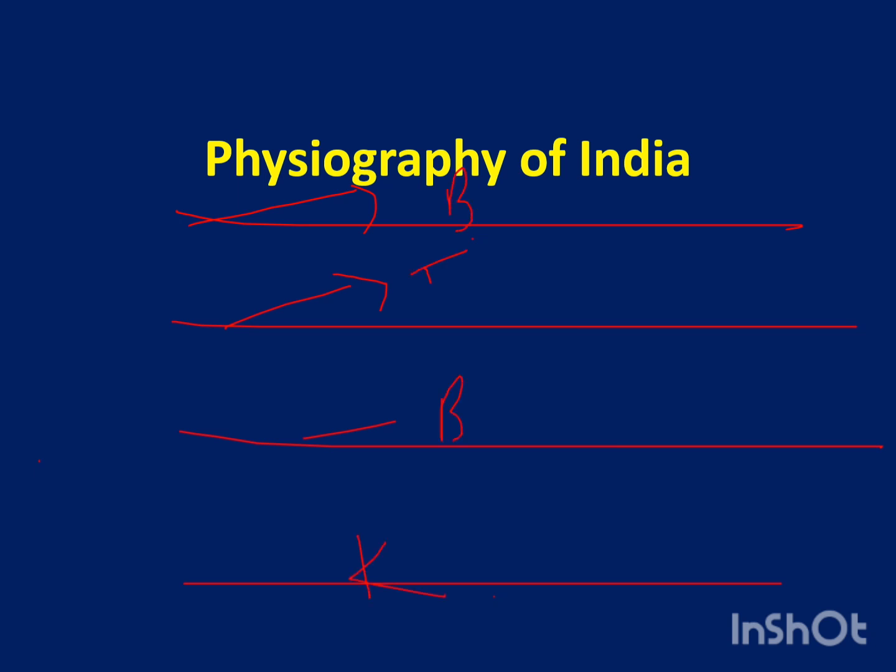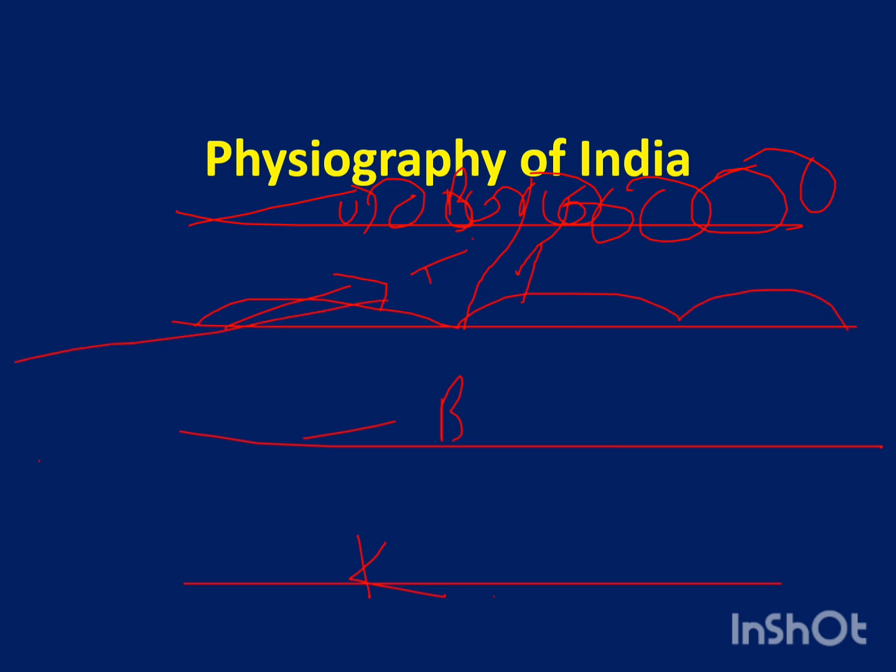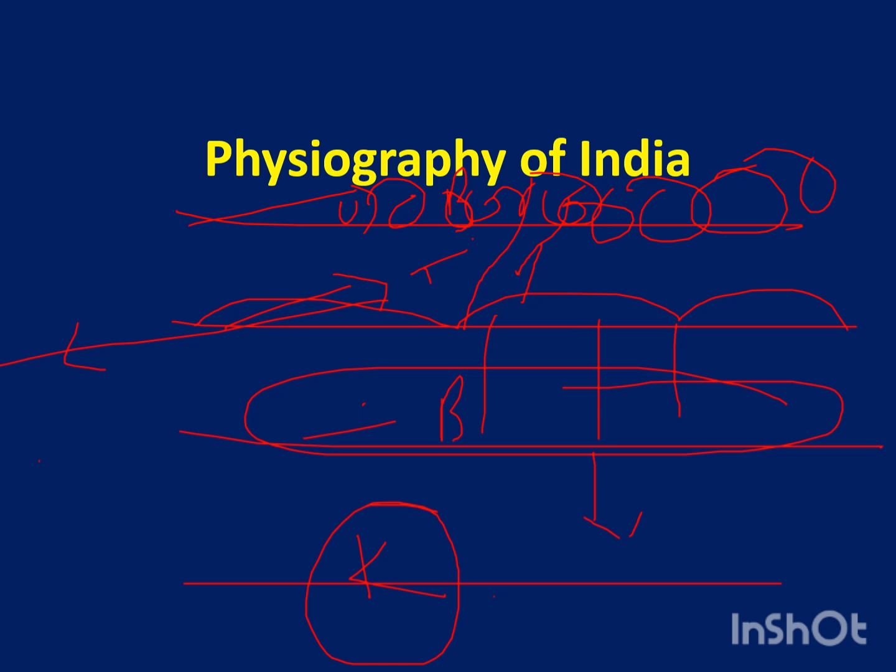Babar means big stones. River flows start from here. From here to here, this is a wet area, marshy and muddy. From here to here, this is old alluvial soil. Kadar is new alluvial soil.